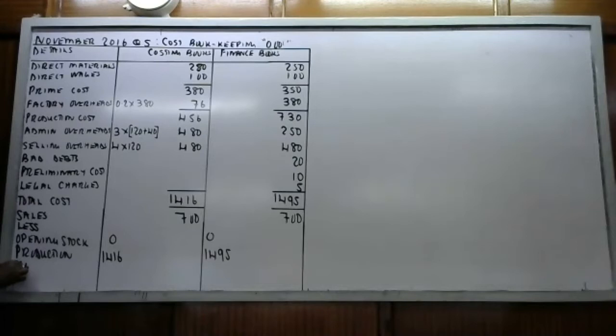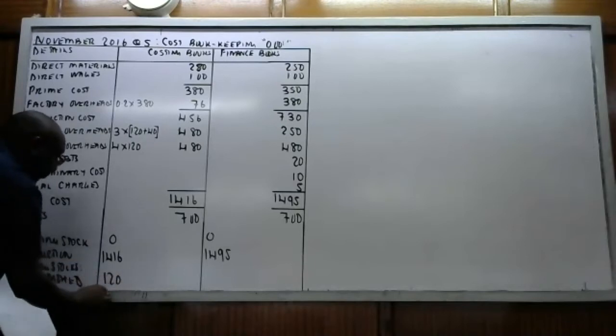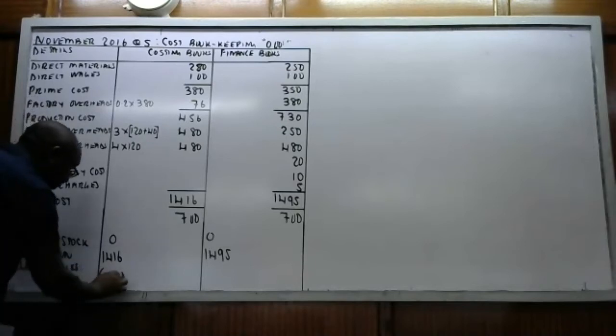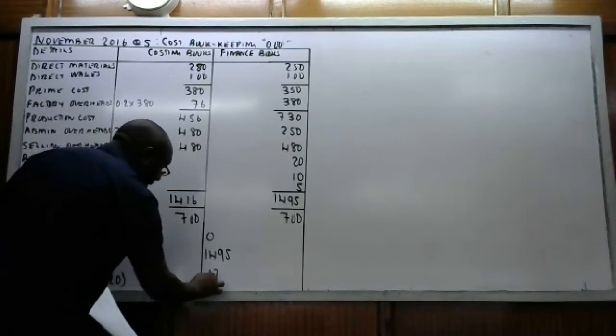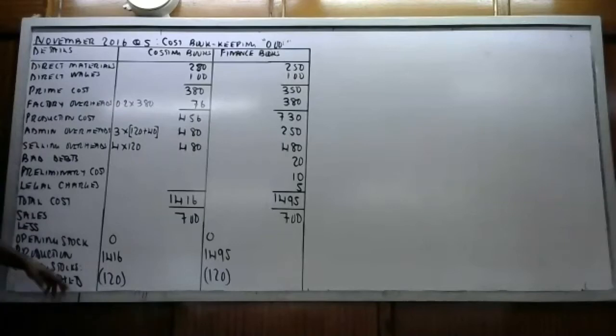Closing stocks. Now, closing stocks, we have two of them. We have the finished goods, which is 120 here, and even this side, 120. Then the work in progress, you could also have brought it here before this one.